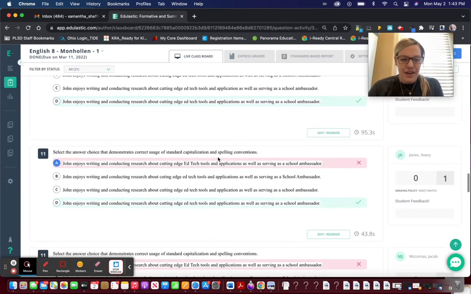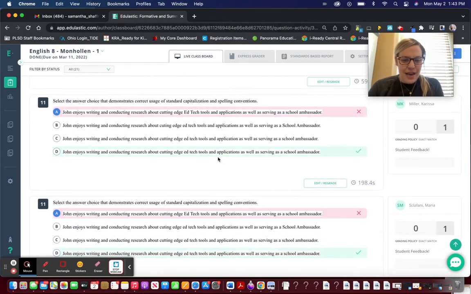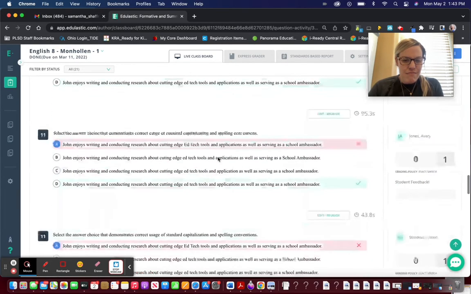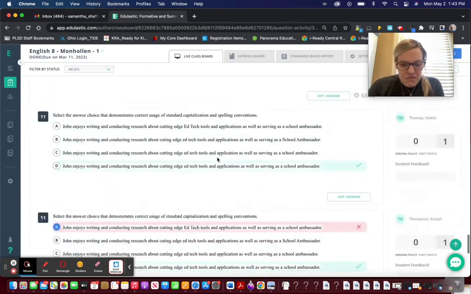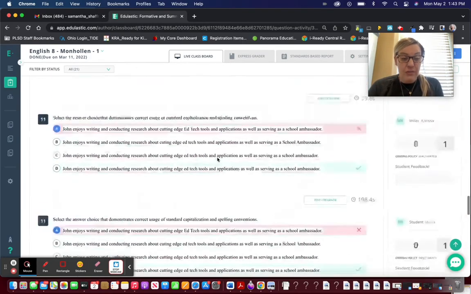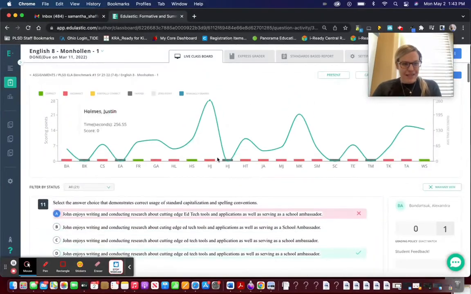But yeah, they're choosing that a lot, like probably just as much as they're choosing option D. And if you look in the middle, they were avoiding B and C. So, what do we do with item 11? There seems to be some reteaching that needs to take place, or perhaps some empirical item improvement.